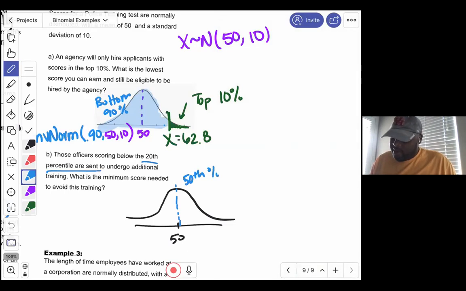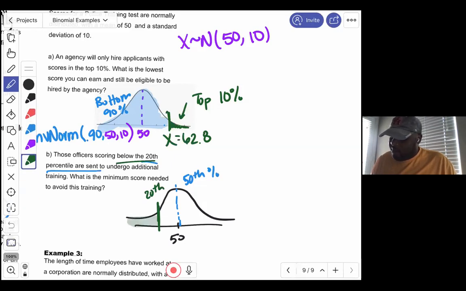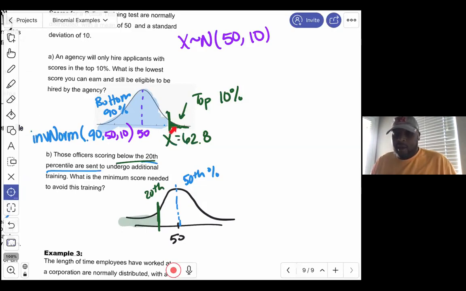So the 20th percentile has to fall on the left-hand side somewhere over here. And I want to be below that value. So below that means shade to the left. So if you notice here, this is different than the one above, because up here we were looking at the right-hand side to get that value. Now I'm on the left-hand side.